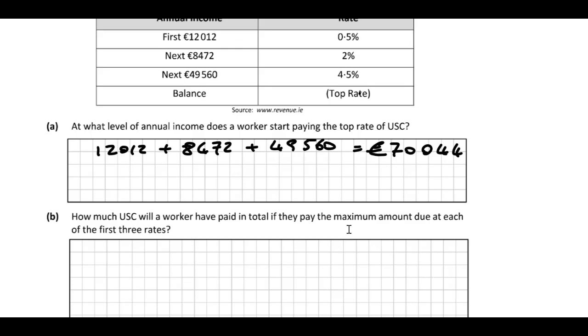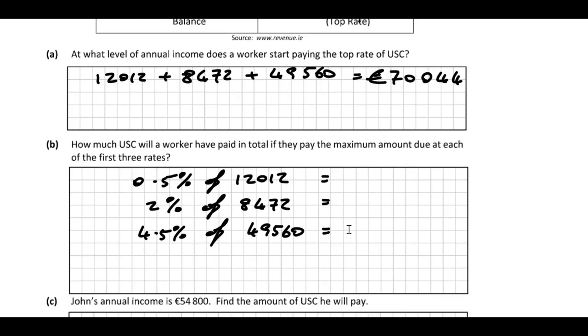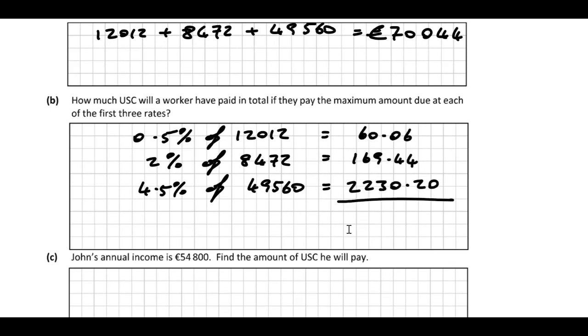So you've got to get 0.5% of 12,012, you've got to get 2% of 8,472, and you've got to get 4.5% of 49,560. I'm going to work each of those out and then add them up.